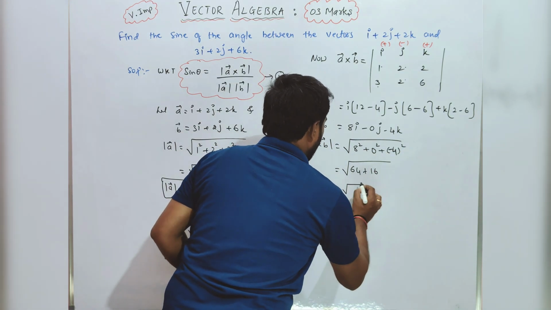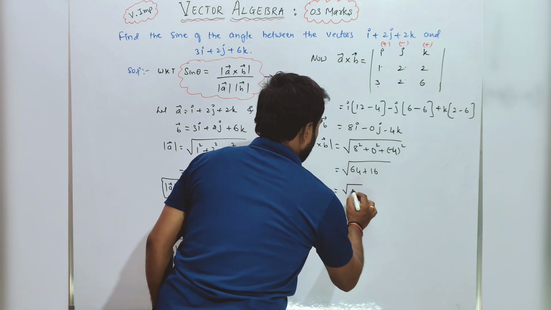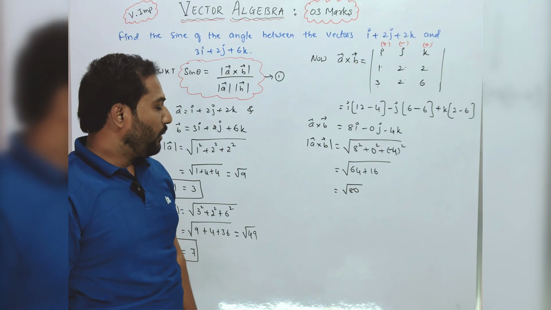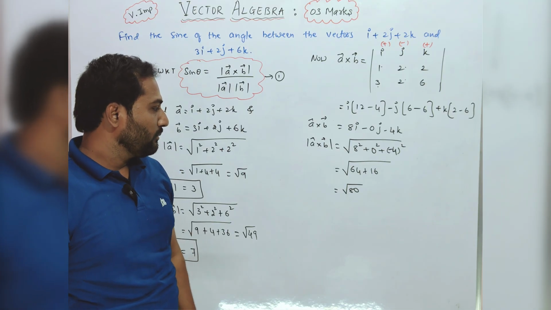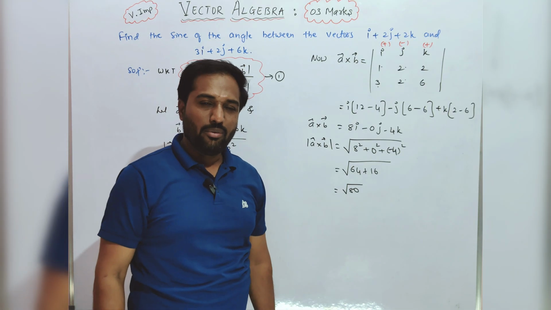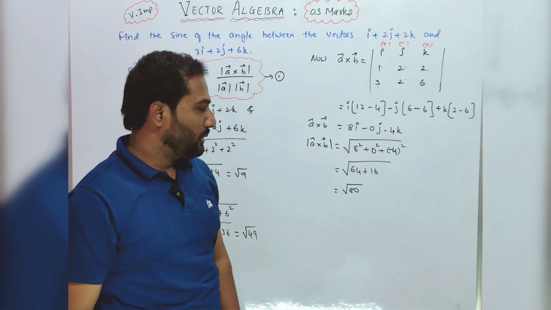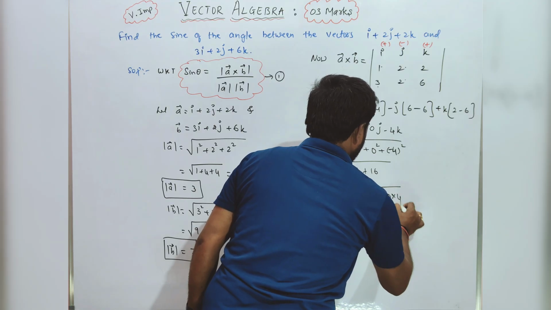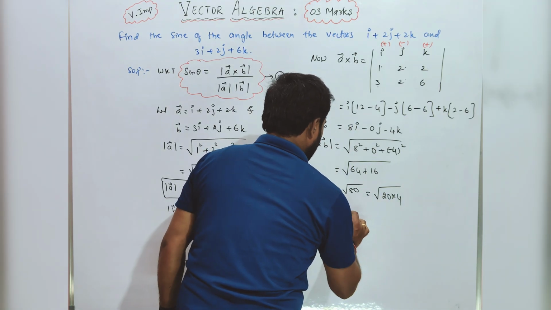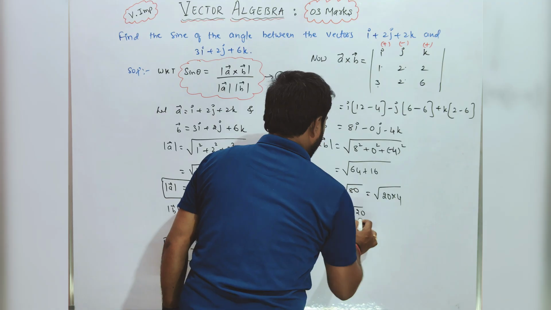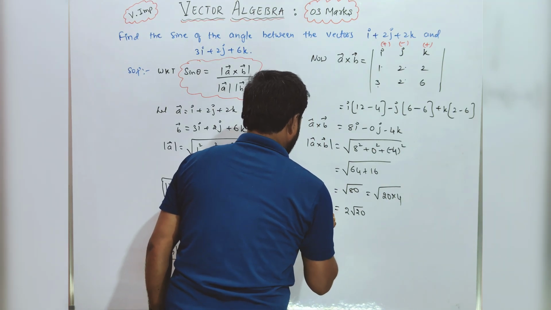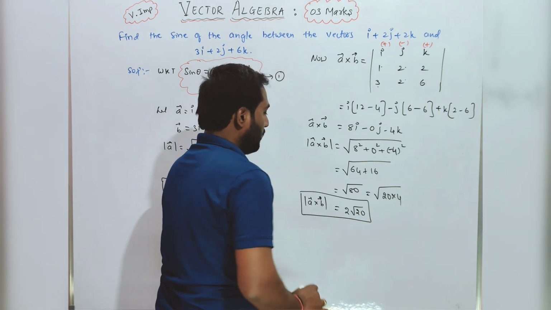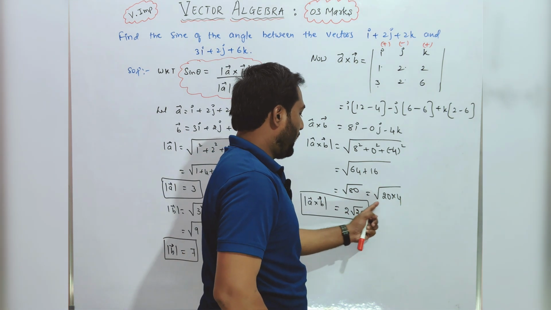So this is 64 plus 16, which is 80. How can we write 80? As 20 into 4, and this can be written as 2 root 20 also. Root 4 is 2, root 20 as it is.